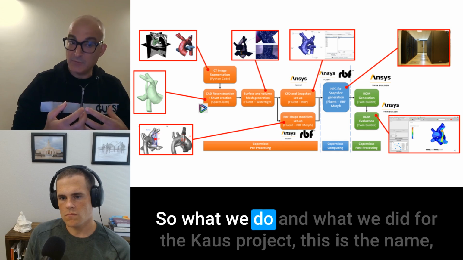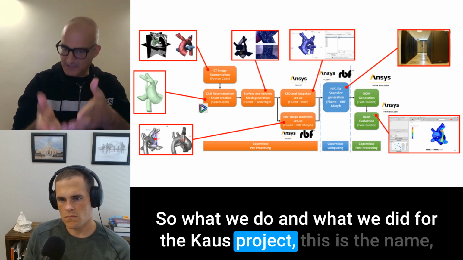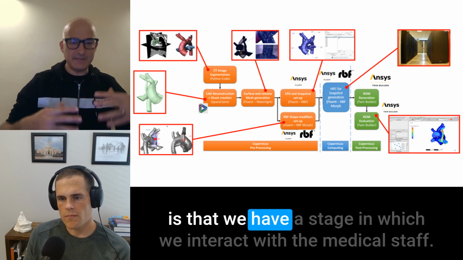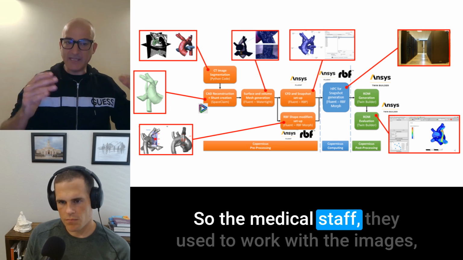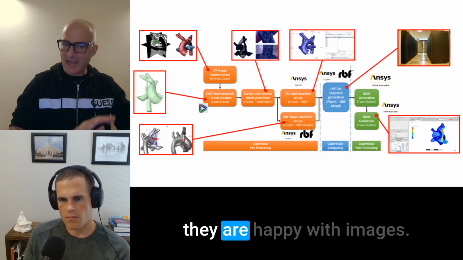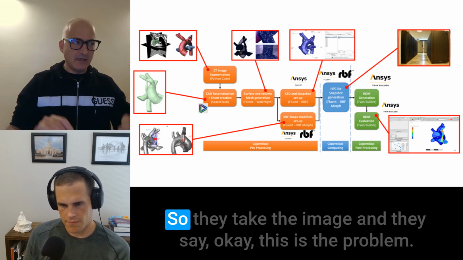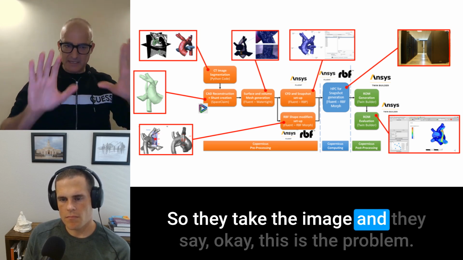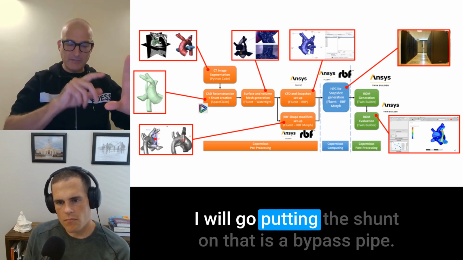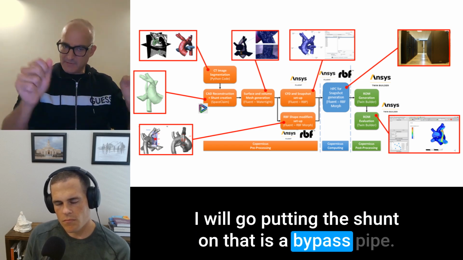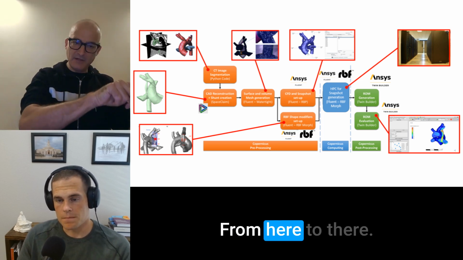So what we did for the Copernicus project, this is the name, is that we have a stage in which we interact with the medical staff. The medical staff are used to working with images. They are happy with images. So they take the image and they say, okay, this is the problem. I will go and put the shunt, that is a bypass pipe, from here to there.